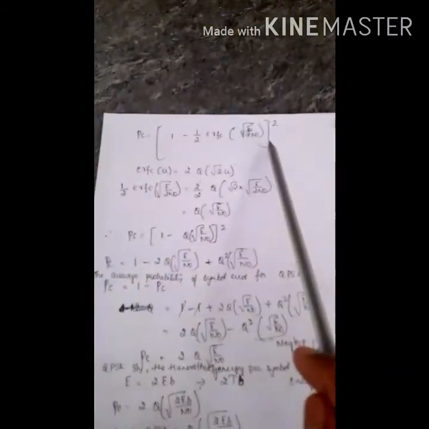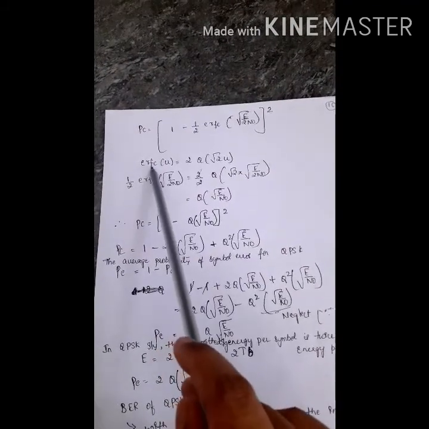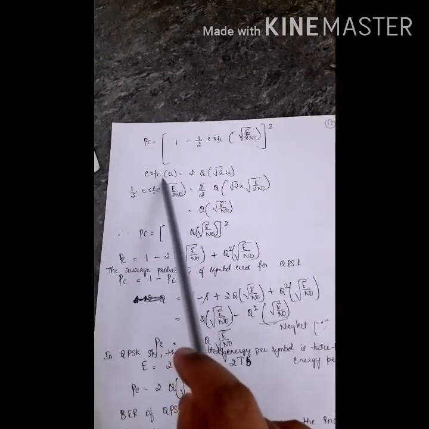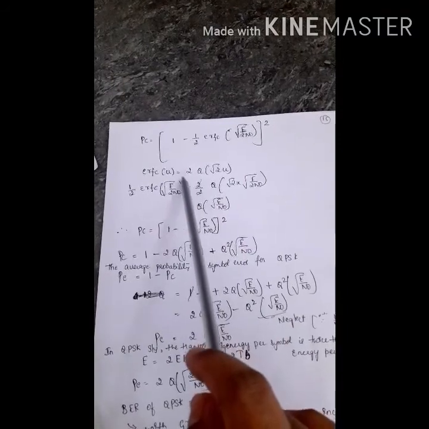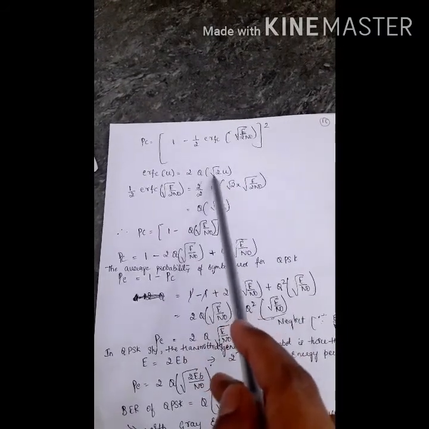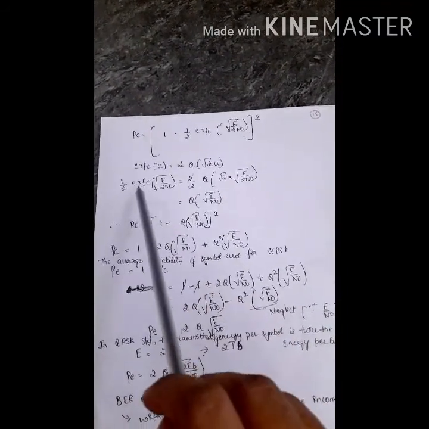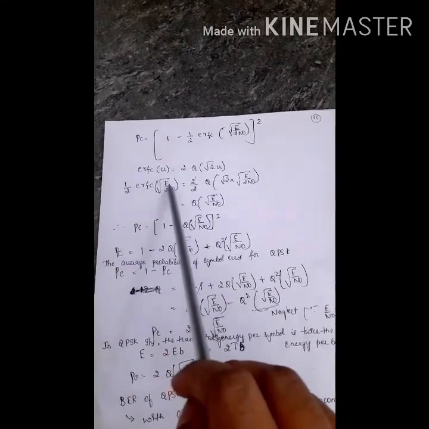The complementary error function erfc of u is equal to 2 into Q of square root of 2u. This is nothing but 1 by 2 erfc of E by 2N0.